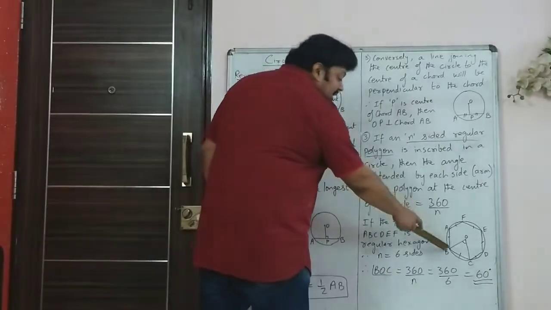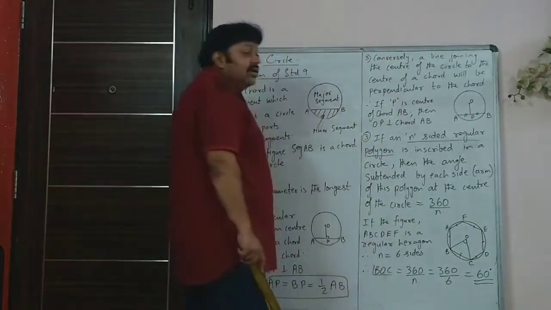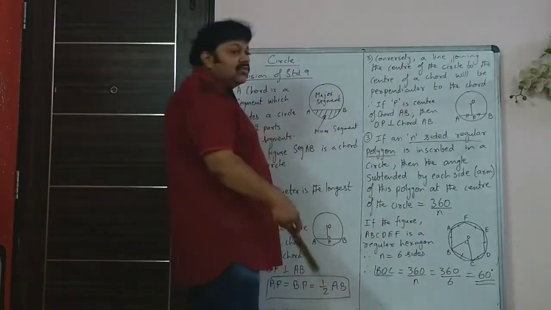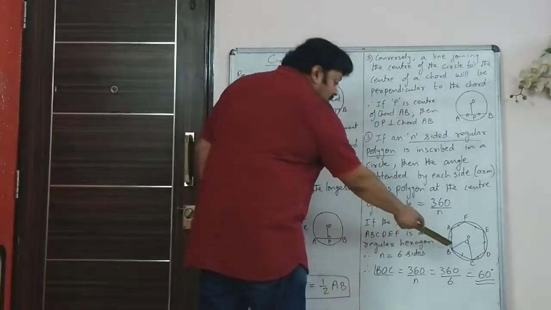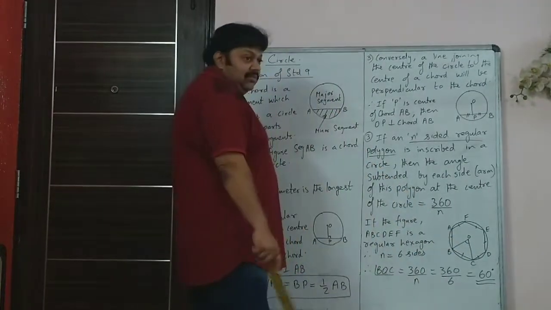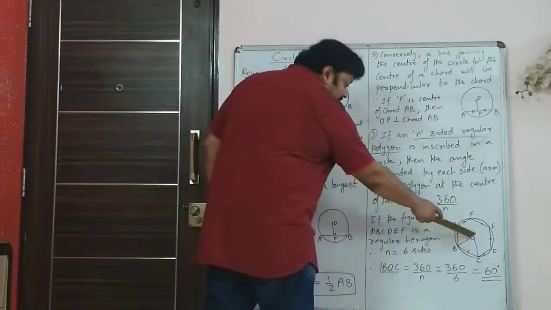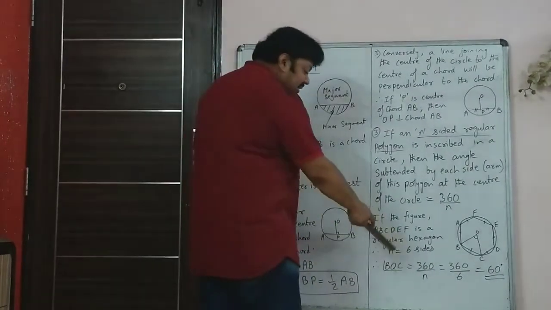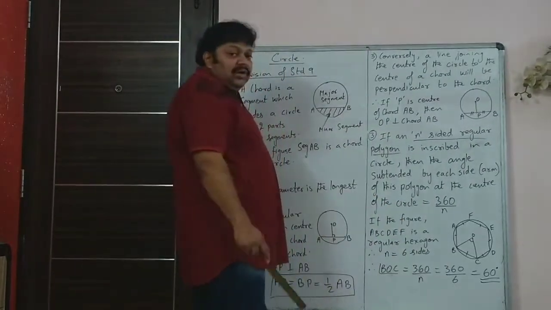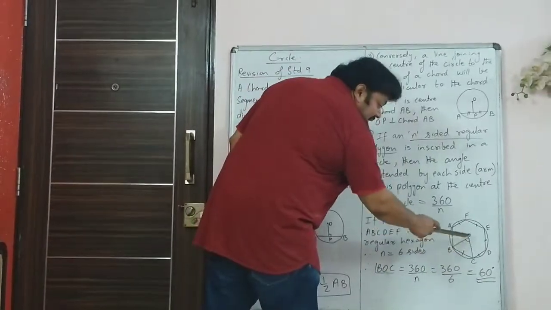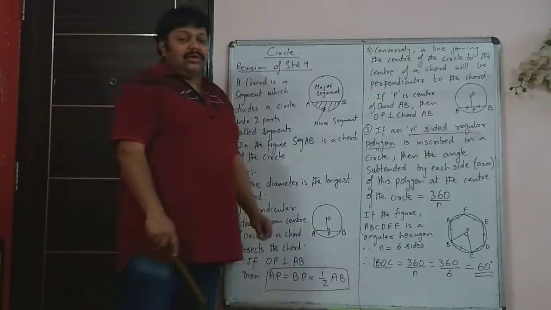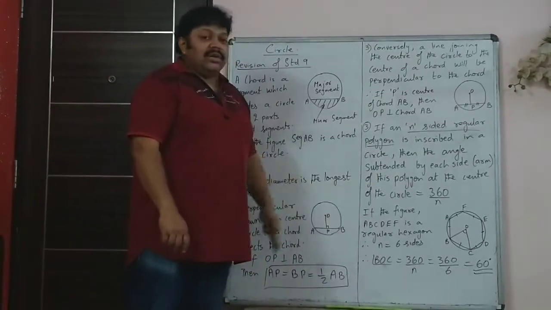So in this case A, B, C, D, E, F is a regular hexagon. All sides of the hexagon are equal, so it is regular. So now the angle made by any arm or any side at the center will be 360 upon 6. Why 6? Because n is 6 for a hexagon. So each angle at the center will be 60 degree. 360 upon 6, because it's a regular hexagon.